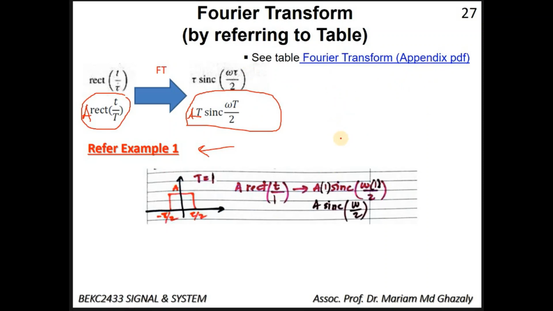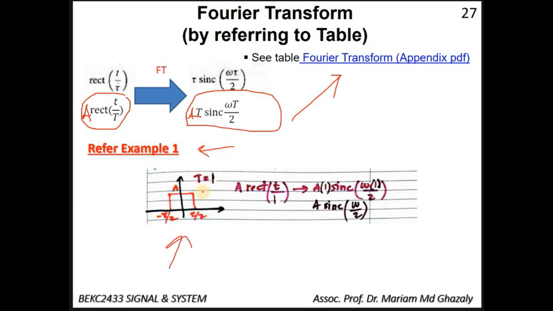In comparison to what you did in last week's class, where you derived the equation from the given Fourier transform equation, now we are going to directly use the Fourier transform table to get the Fourier transform for this signal.